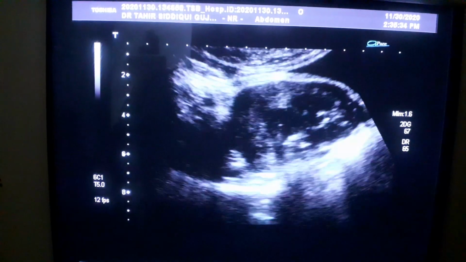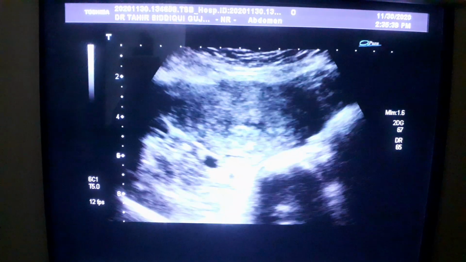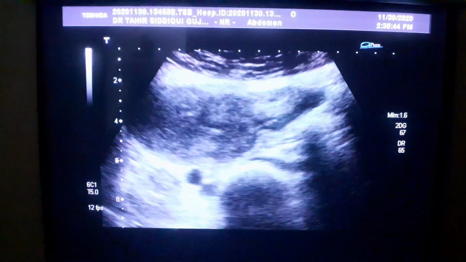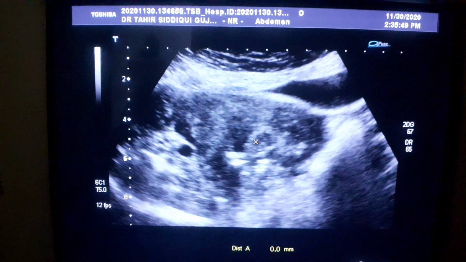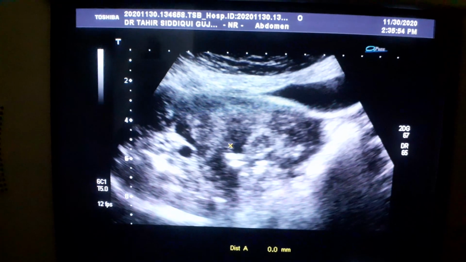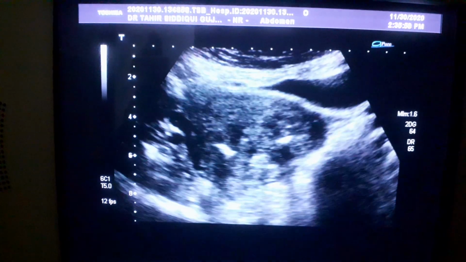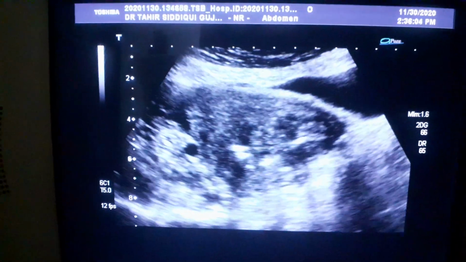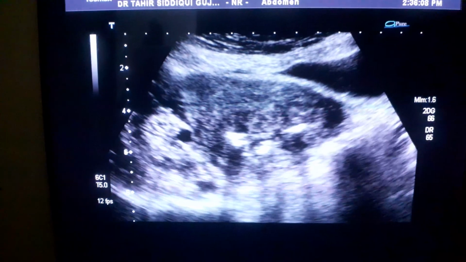Now this is the longitudinal section, and this is the transverse section, and in the transverse section again you will see there are multiple dense coarse echogenic particles within it, along with debris, and these are the retained products of conception, as clots are usually not that dense, or they don't give this much of a shadow.